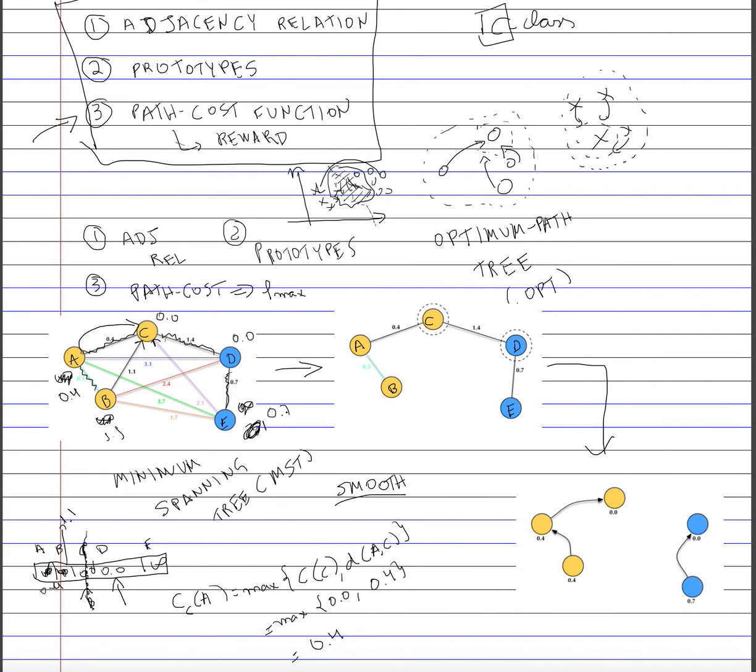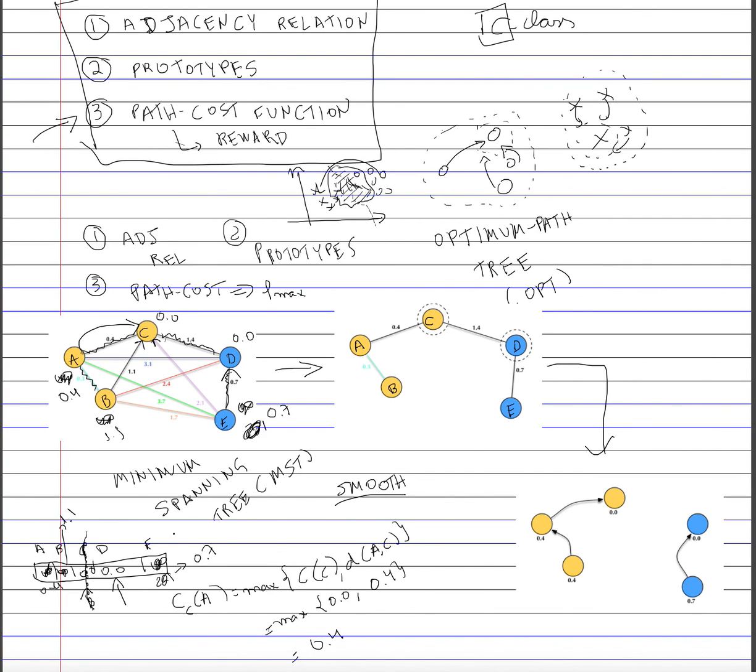Remember, the main idea is to try to minimize the cost of each sample. Oh sorry, I forgot to update the cost here, it was 2.1, but now it is 0.7. Okay, so E has been conquered by sample D.